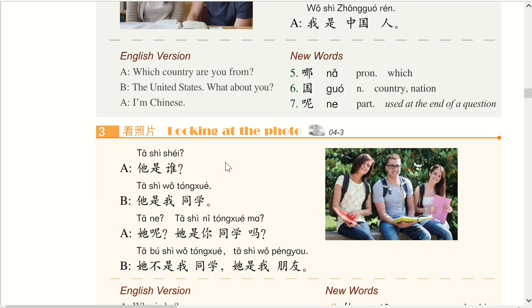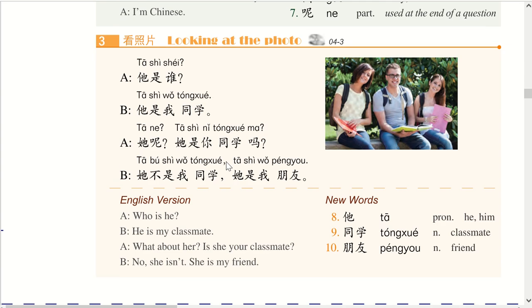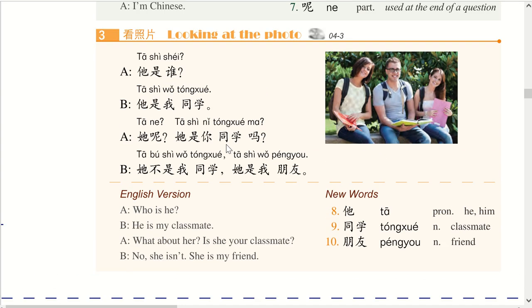Now let's start the last text. 三, 在照片, 照片 means photo. 在照片, looking at the photo. 他是谁? Who is she? Sorry, who is he? This is 他 for male. 他是谁? 他是我同学.